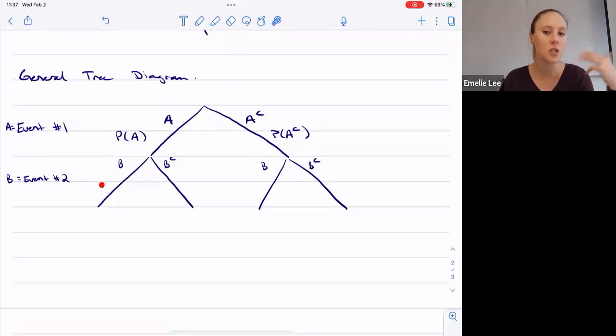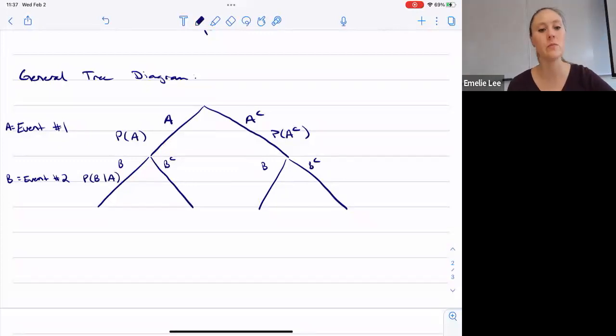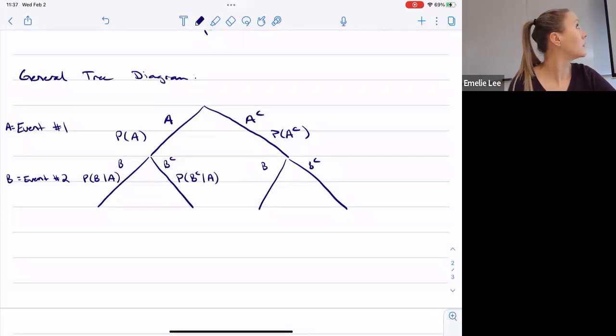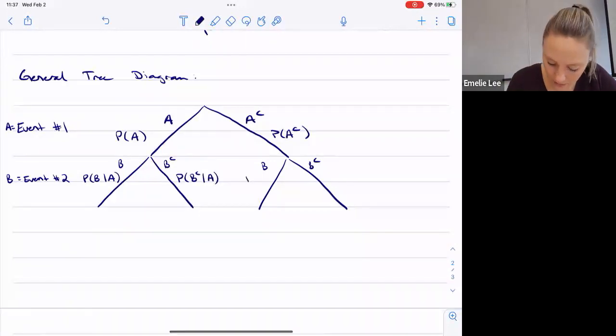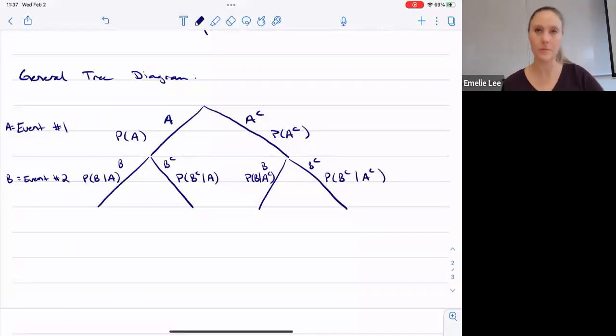So we have these conditional probabilities at the end of these branches. So now this is the probability that B happened given that A happened. And then this next one is the probability that B didn't happen given that A happened. Same thing here, the probability that B happened given that A did not happen, and the probability that B didn't happen given that A did not happen.